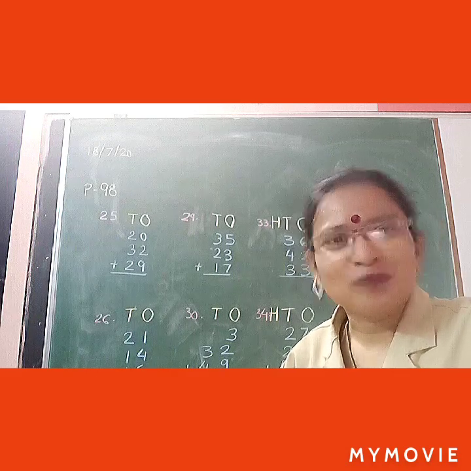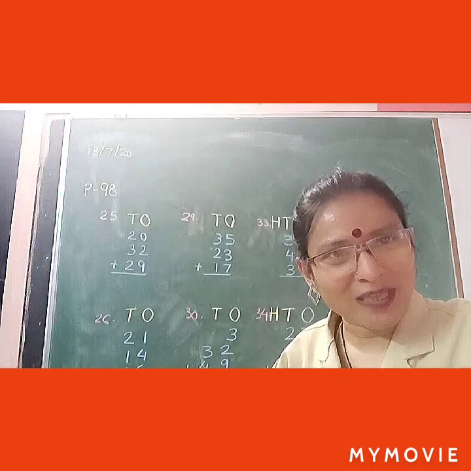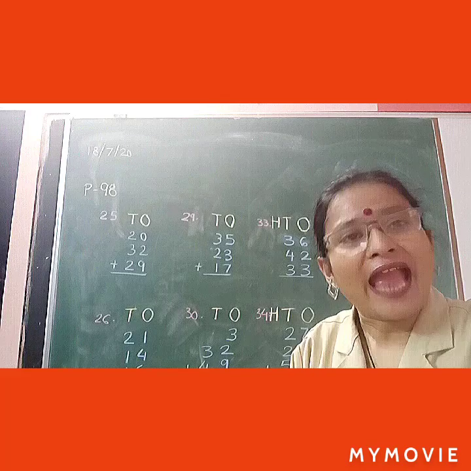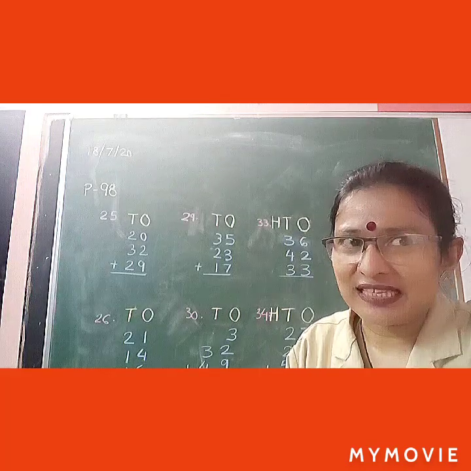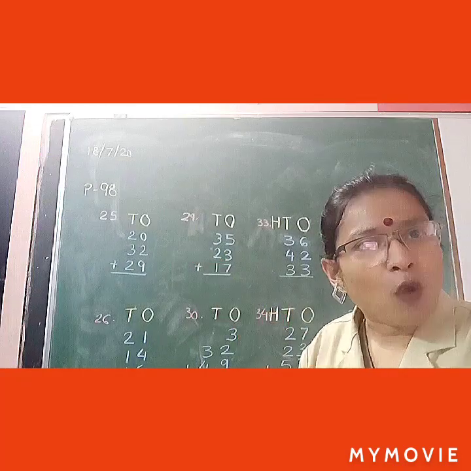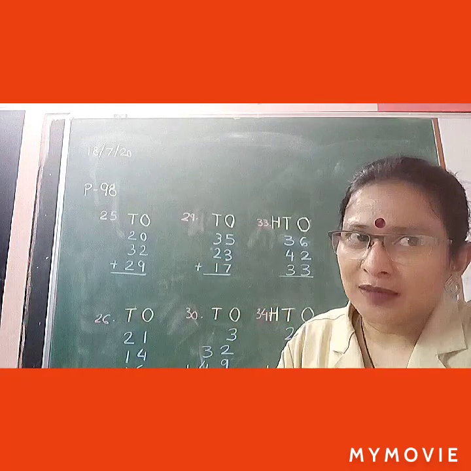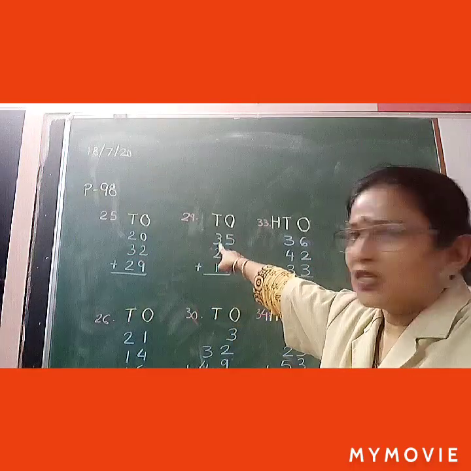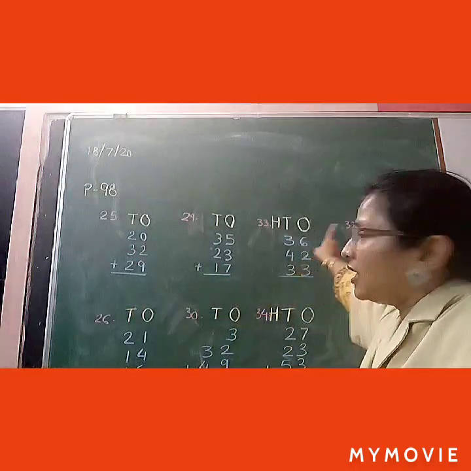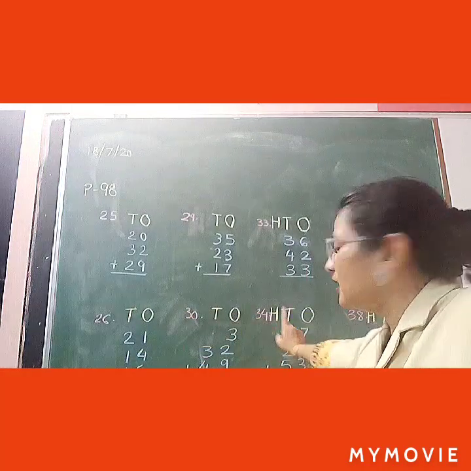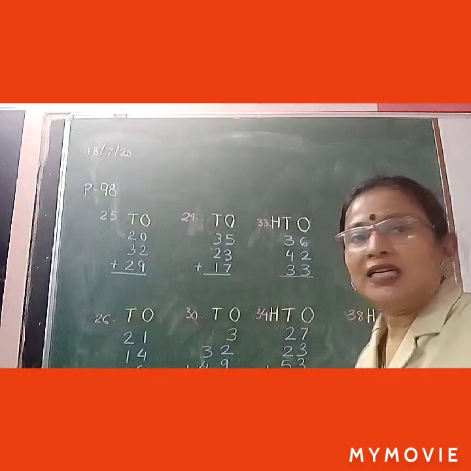It's time to do revision of mathematics, page number 98, and today I have taken sums randomly and put the number according to the sums given in your book. 25, 29, 33, 37, 26, 30, 34 and 38.